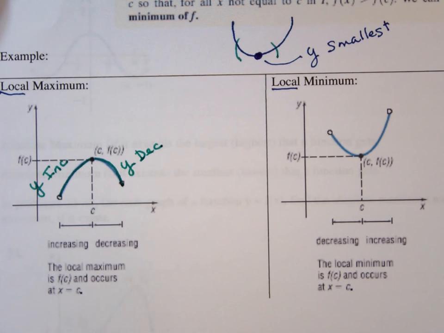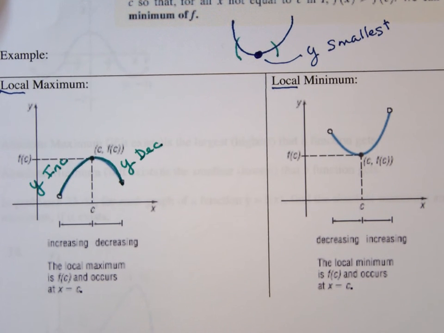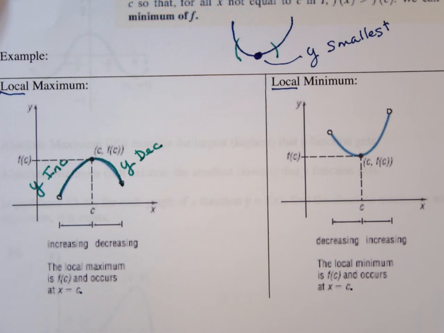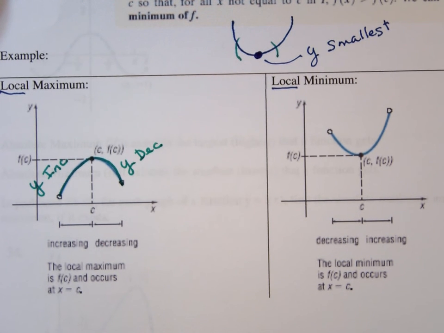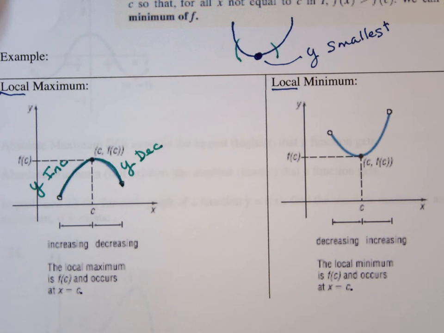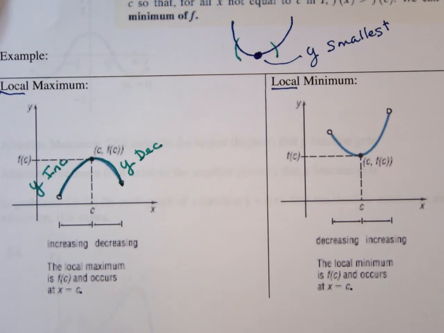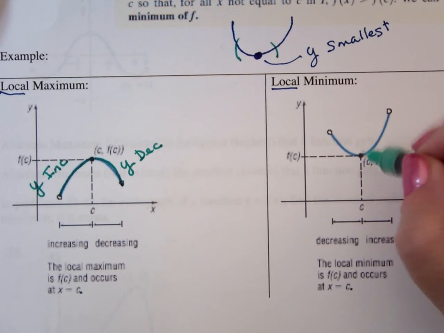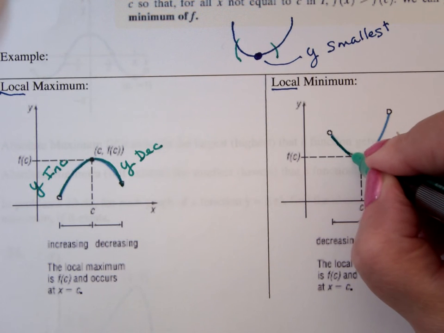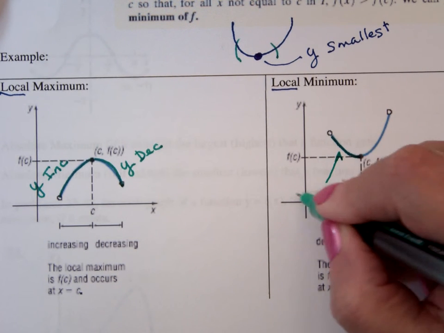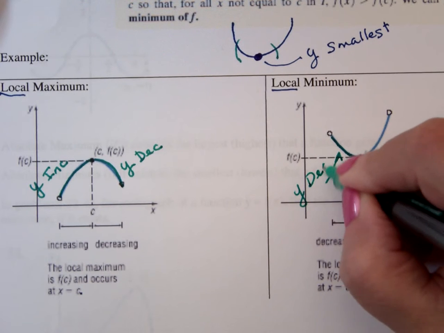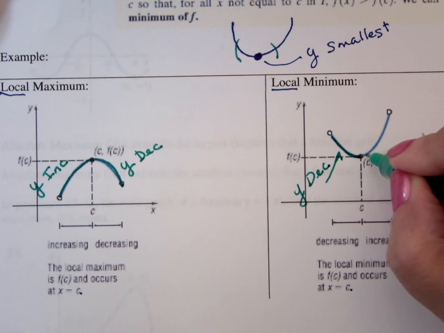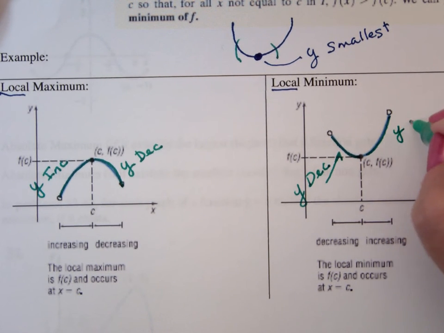Remember, because I'm moving from left to right, y is increasing till it hits the maximum, and then it decreases on the other side. And if I'm looking at a local minimum, here y is decreasing, right? There's your minimum, then you're going to have y increasing on the other side.